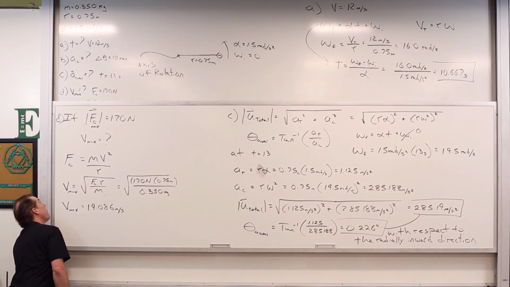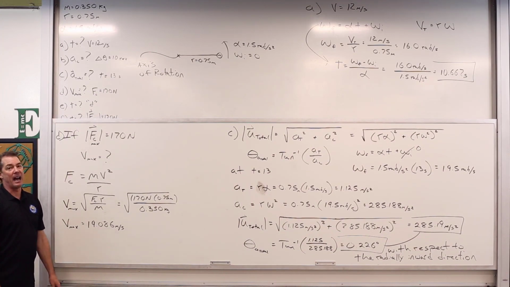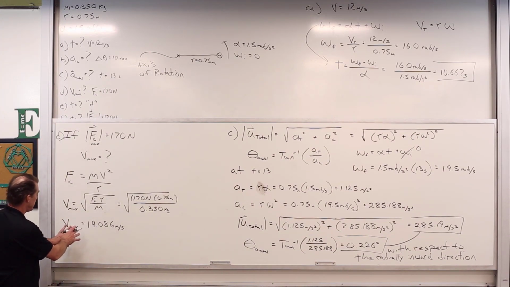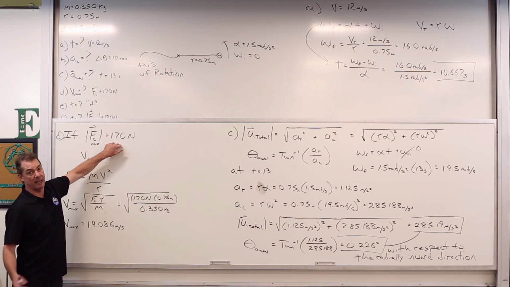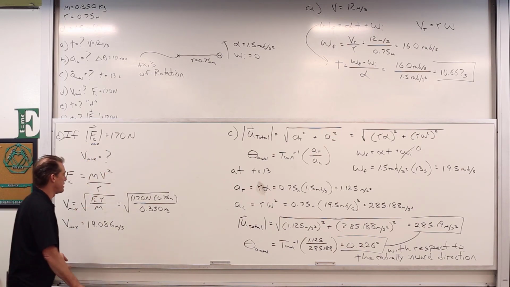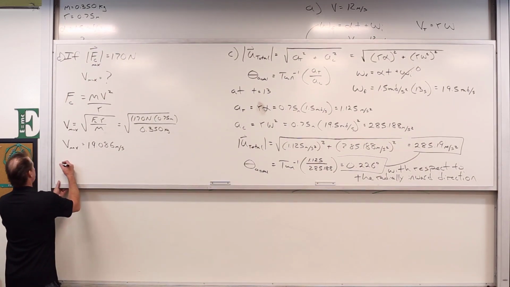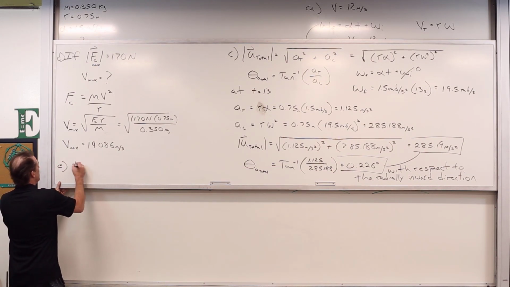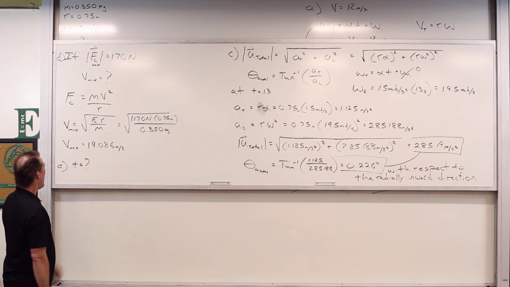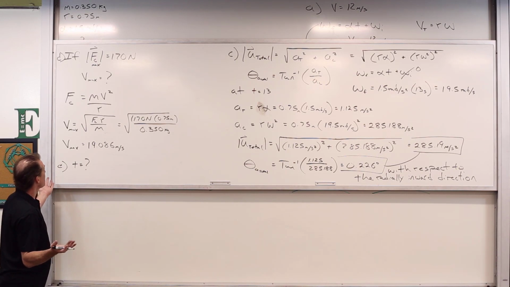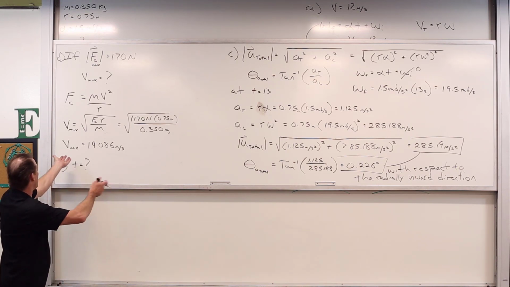So we are asked in part E, what time does that occur at? What time does this particular speed occur? Which is ultimately asking at what time is the centripetal force 170 newtons? There's a couple different ways we could go about this. Let's use some of the tangential quantities.